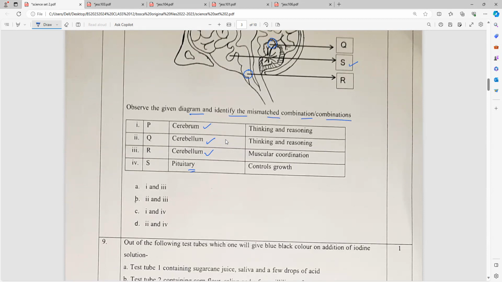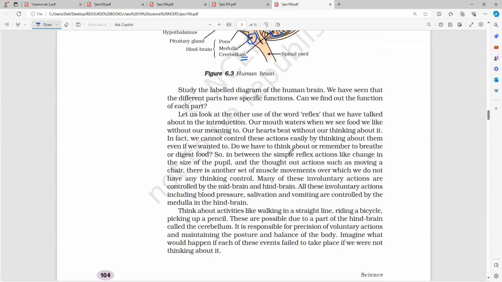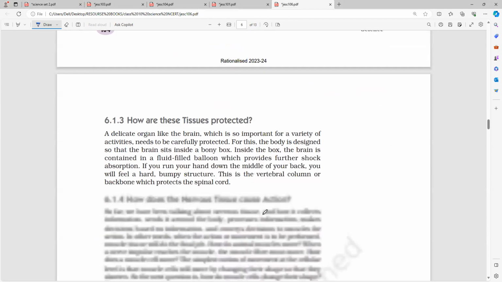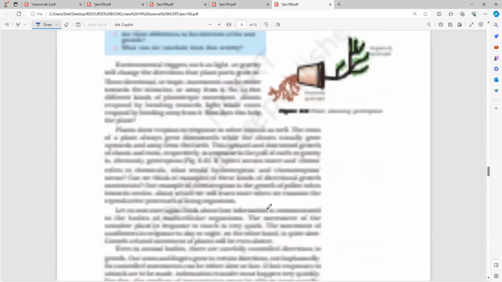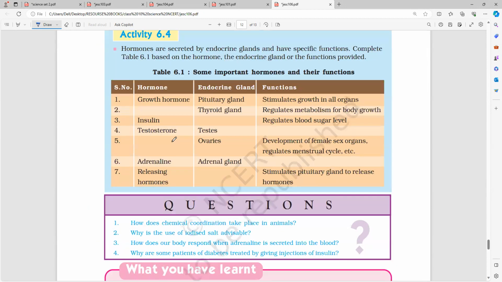First, cerebrum, cerebellum, pituitary gland. Let us see the well-known things first. What is the importance of the pituitary gland? You all know that: hormones.